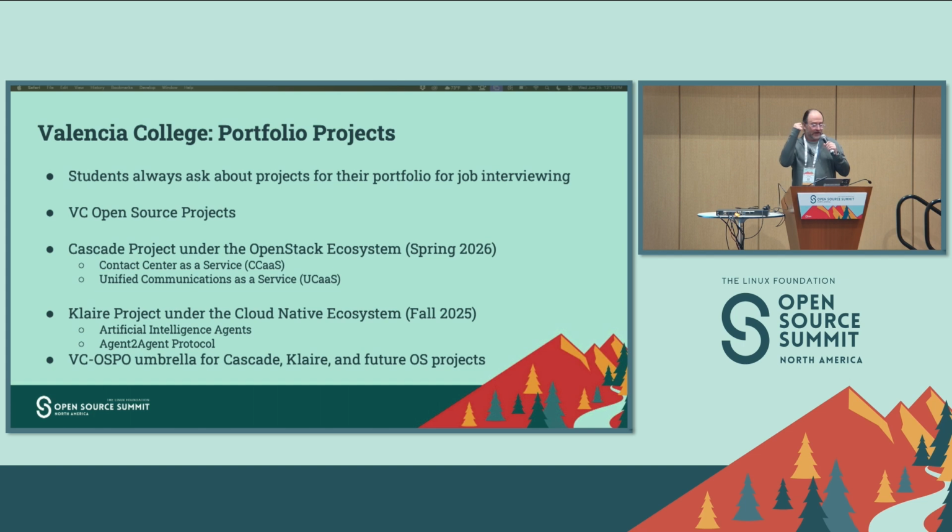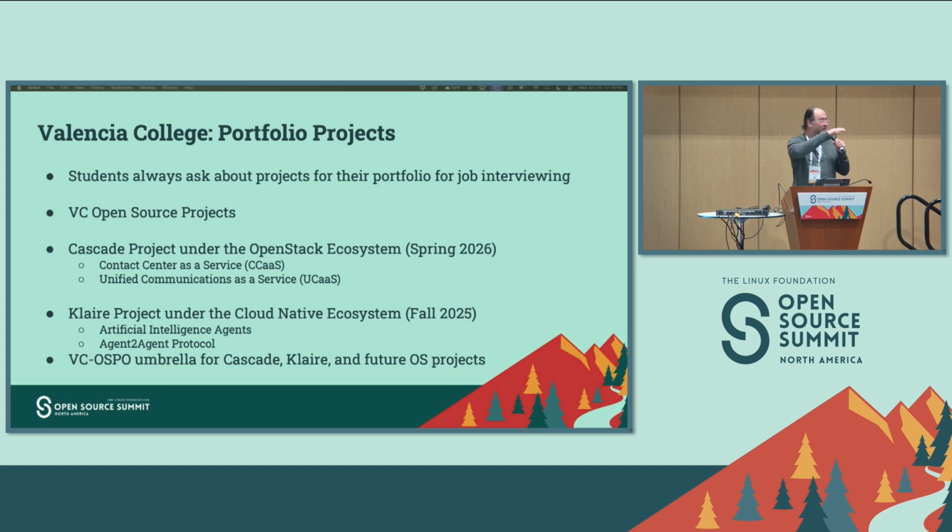The other one I'm working on with Andy is to roll out an open source project called Claire. This deals with the AI agents, and of course the AI agents would be where? In a contact center. See how that builds on top of one another. The bottom layer would be OpenStack. Then you have Kubernetes.